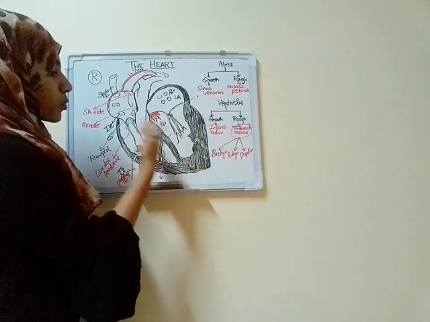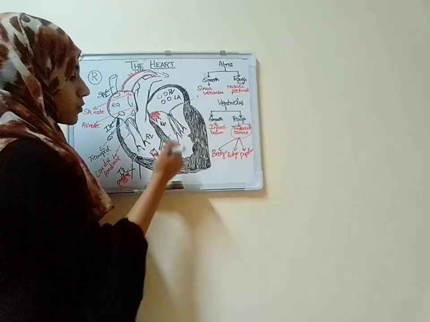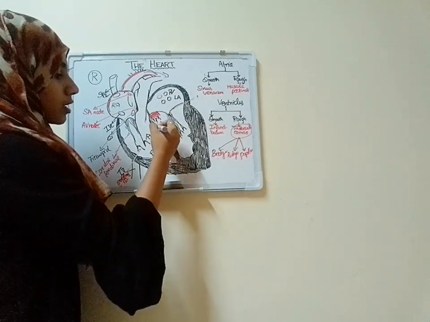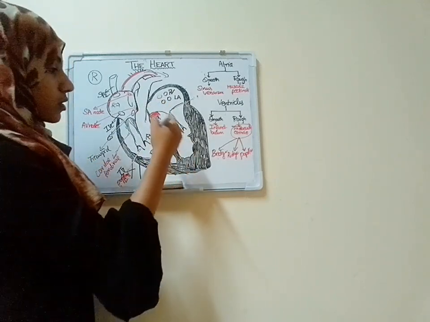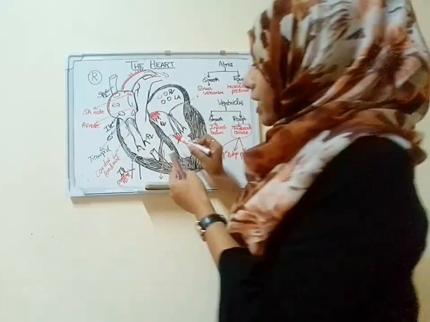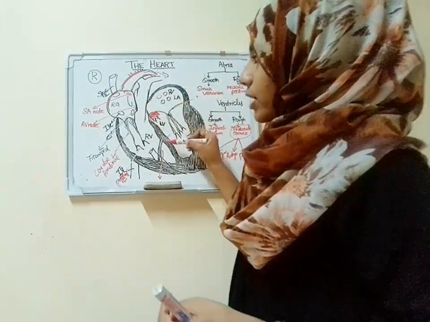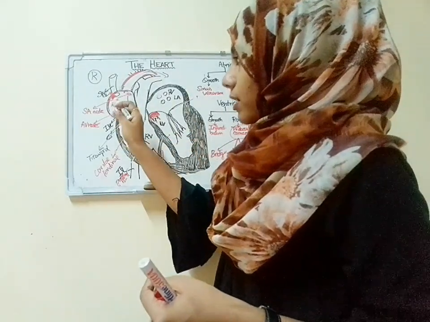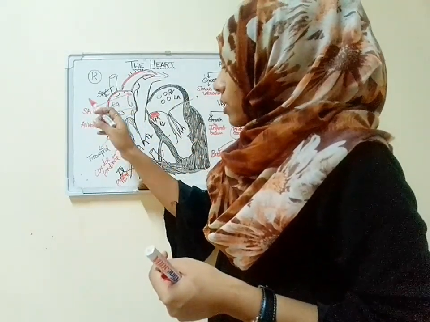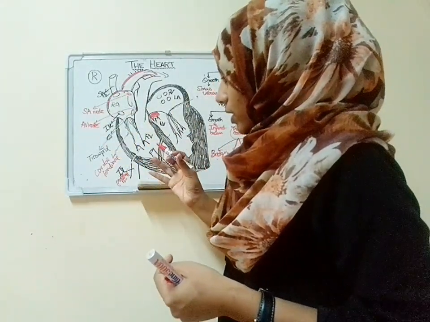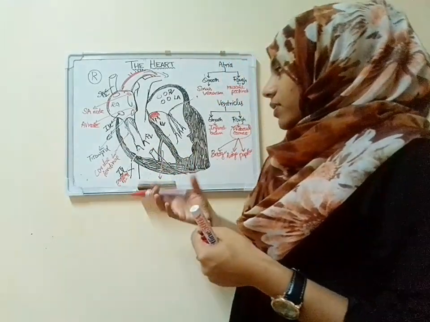When we read more detail about the conduction system, we know that the bundle of His and the Purkinje fibers lie in this space, and they are the ones transmitting the electrical impulses from the SA node to the rest of the ventricle to undergo contraction.